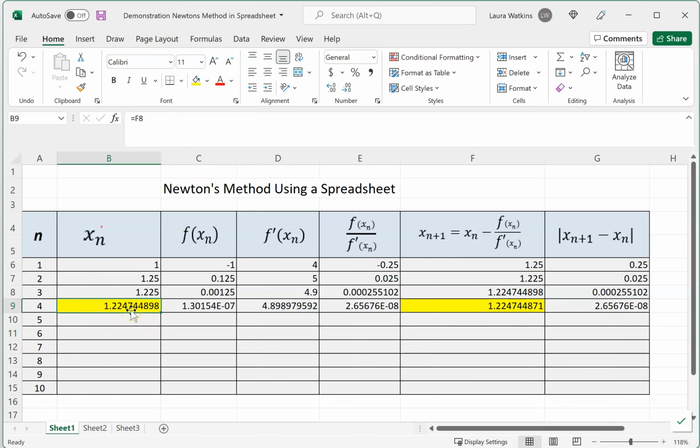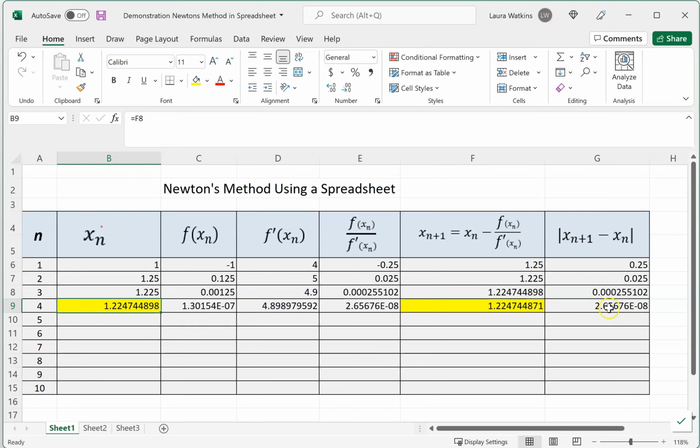Our previous iteration came up with 1.224744898. Notice that our new iterate is 1.2247448. So we are now accurate to 7 decimal places. That's very accurate. That's certainly within the realm of accuracy we were after.